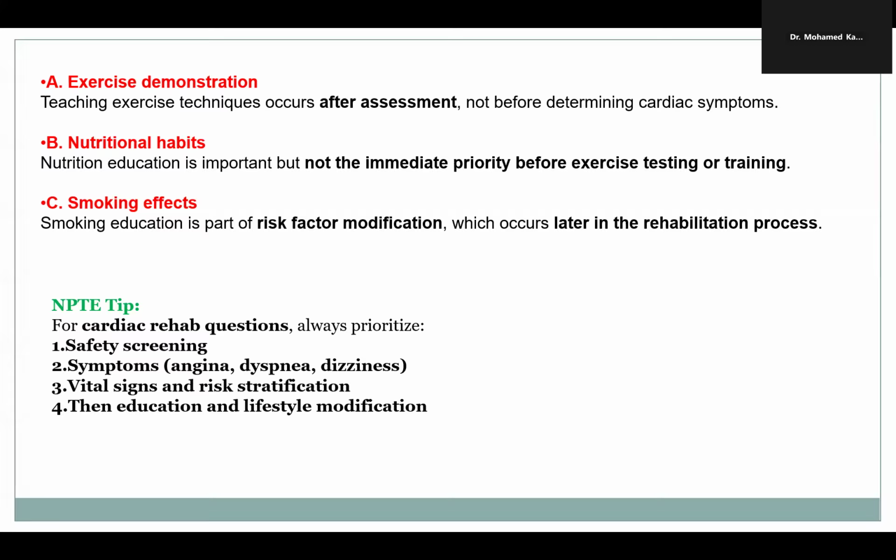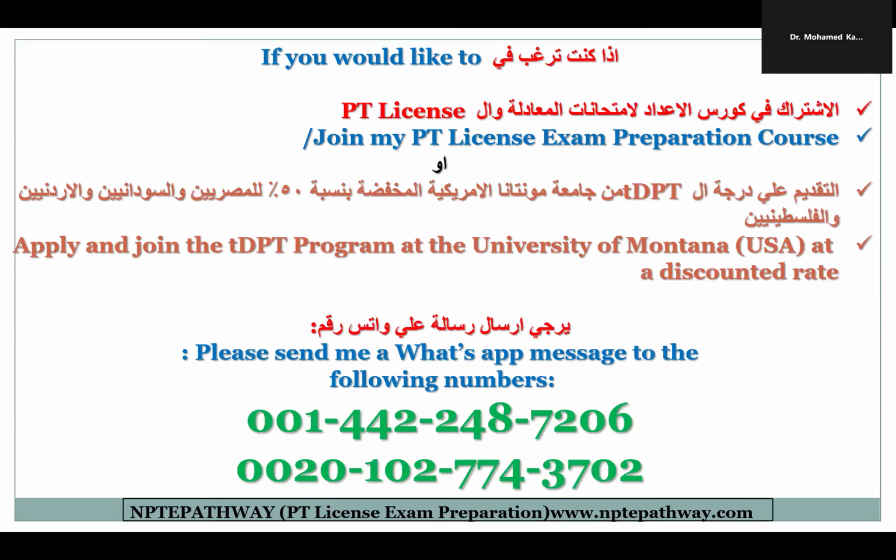So, for National Physical Therapy exam tips for cardiac rehab questions, always prioritize safety screening: any safety issues, symptoms, angina, dyspnea, dizziness, vital signs and risk stratification, then education and lifestyle modification. Okay. So this was the answer for today's question.